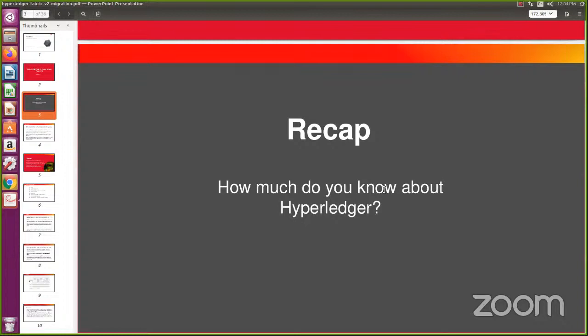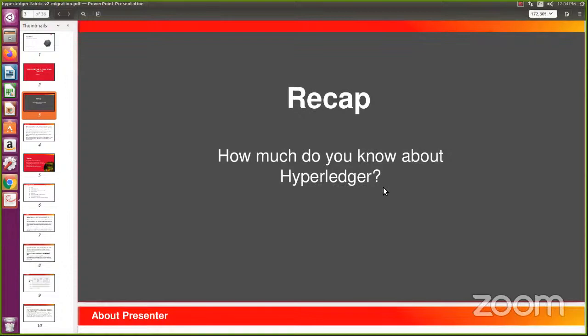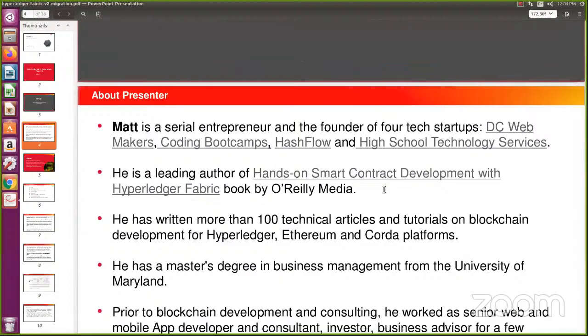So I'm assuming that you already know what Hyperledger is, you know about the Hyperledger ecosystem, the different libraries and distributed ledger technologies in the Hyperledger community, and more specifically, you know how Hyperledger Fabric works. I'll just give you some preview of Hyperledger Fabric.